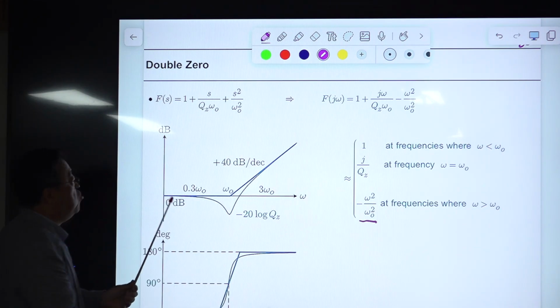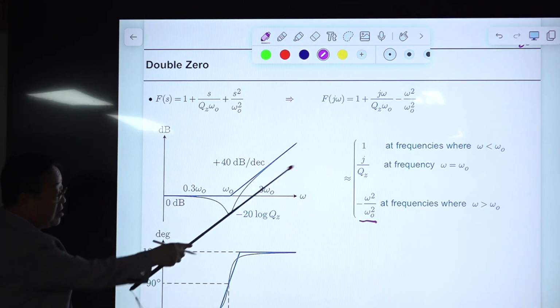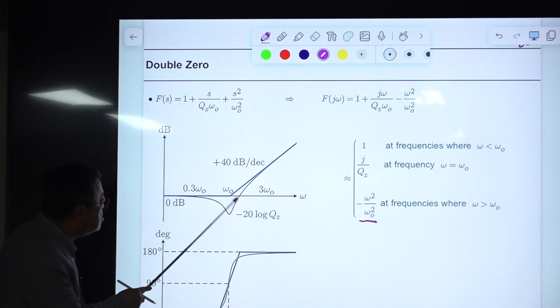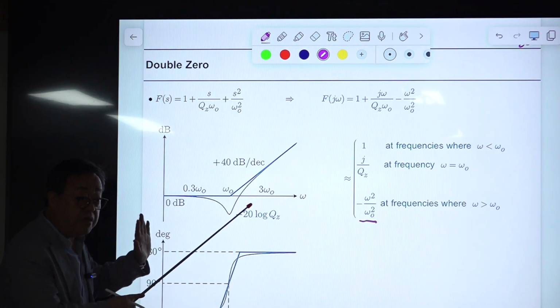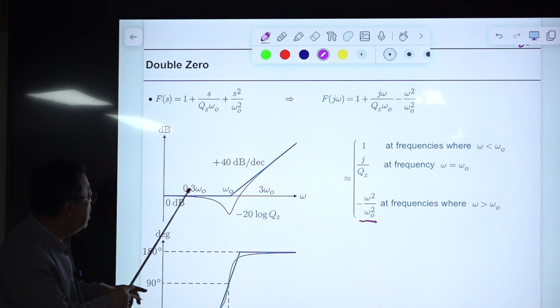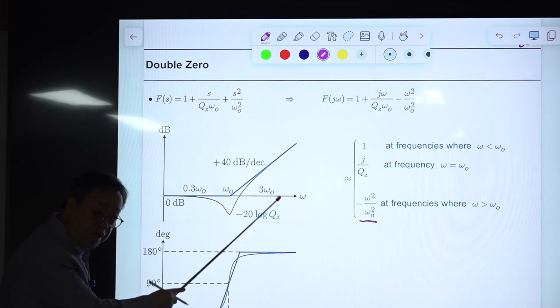If you have some Q value, then increase this and smoothly connect them. That is more than enough for any practical analysis. Plotting the exact curve is nothing. Don't do that. Just know this and connect this. The deviation starts from 0.3 of omega naught, and ends at 3 times omega naught.